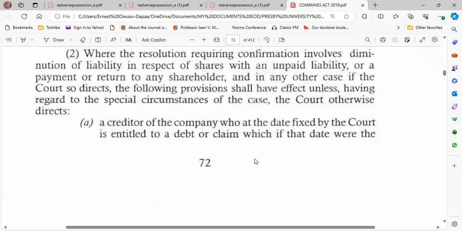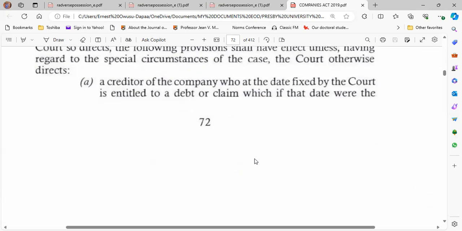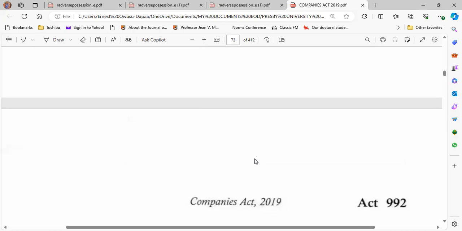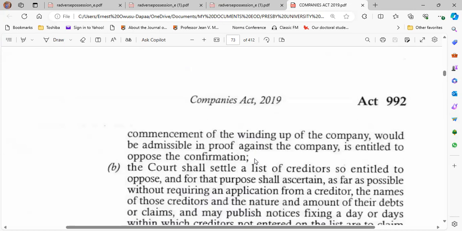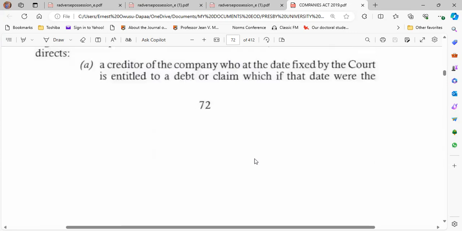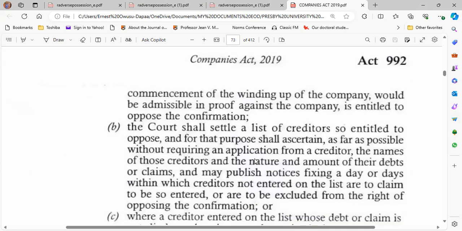The court can direct that a creditor of the company who, at the date fixed by the court, is entitled to a debt or claim which, if the company were being wound up, would be admissible in proof against the company, is entitled to oppose the confirmation.